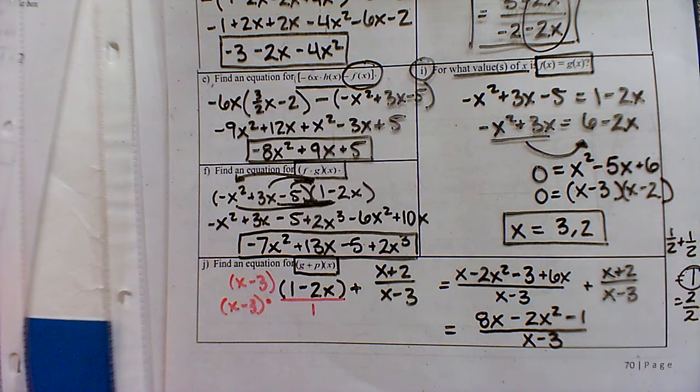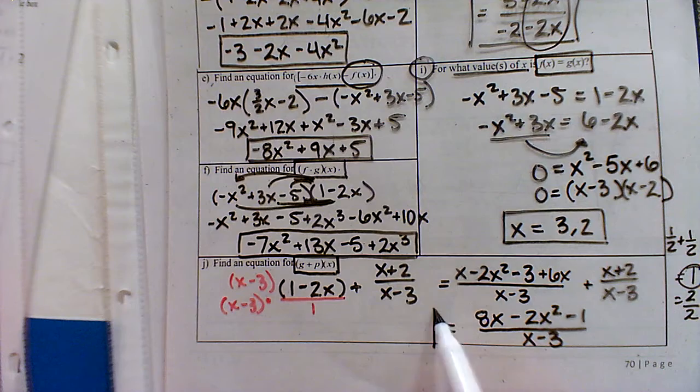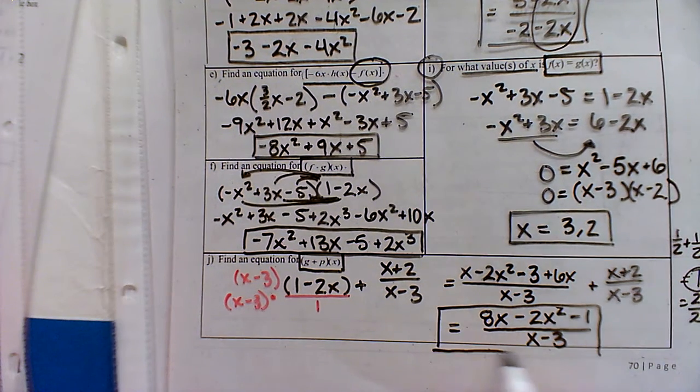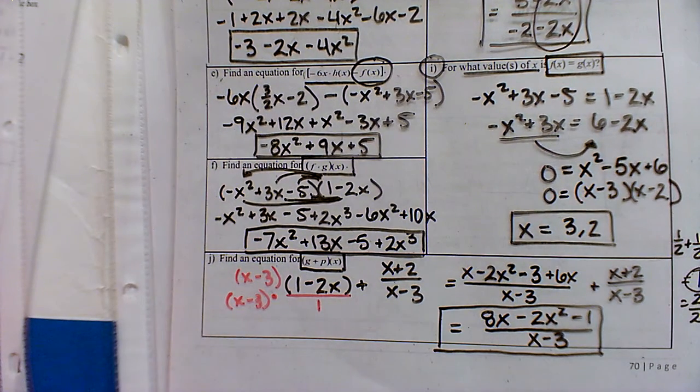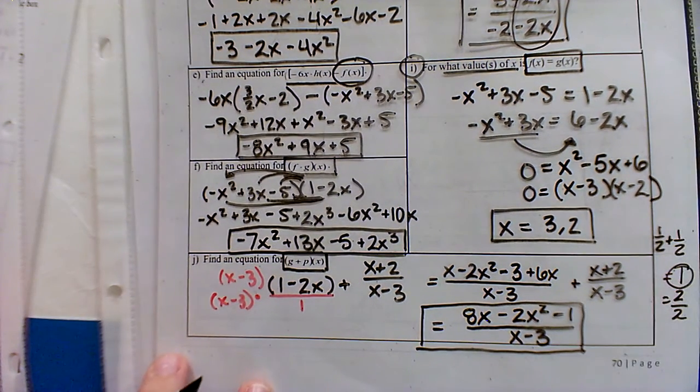Can we cancel anything out? We're shaking our heads no. That's good, because things are being subtracted or added together, so it has to stay like this. That one was a little involved. We hanging in there? We doing okay?